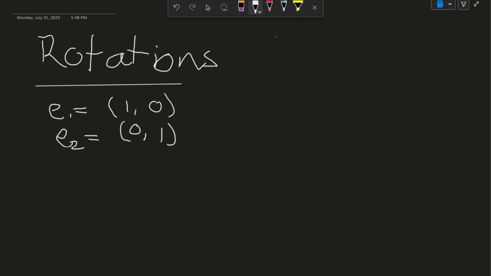So let's think about this really quickly. We've got this 2-dimensional grid. We have (1, 0) here, we've got (0, 1) here. Now, if I think about a rotation, in 2 dimensions a rotation can do 2 things. It can rotate us counterclockwise, or it can rotate us clockwise.